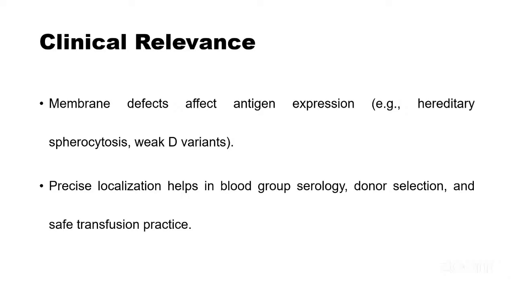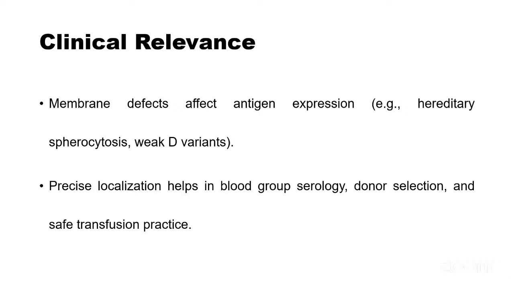If there's a defect on the membrane, maybe a particular protein or carbohydrate is lacking, I think it's spectrin for spherocytes, if it's lacking on the surface of the red blood cell, then the cell will be spherocytic in nature. For weak D variant, we all know about Du. There is not enough D. If the protein carrying Rh is lacking on the membrane, the reaction with anti-D will be very weak. So that is what this is saying.